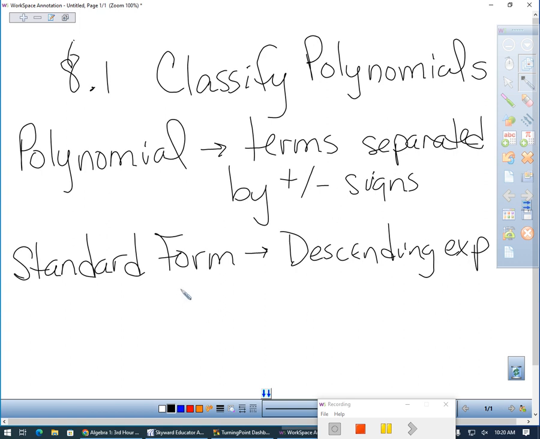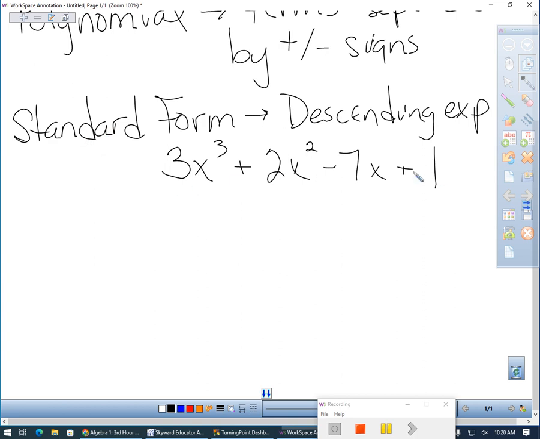So for example, maybe I have 3x to the third plus 2x squared minus 7x plus 1. You'll notice this is in standard form because my exponents start at the highest one and they go down, or descend, in order. 3, then 2, then 1, then 0.